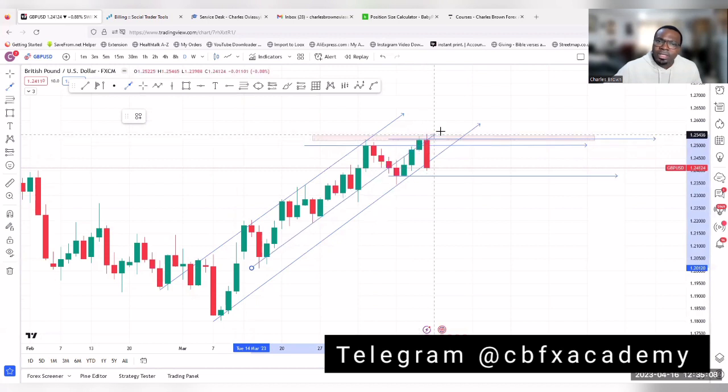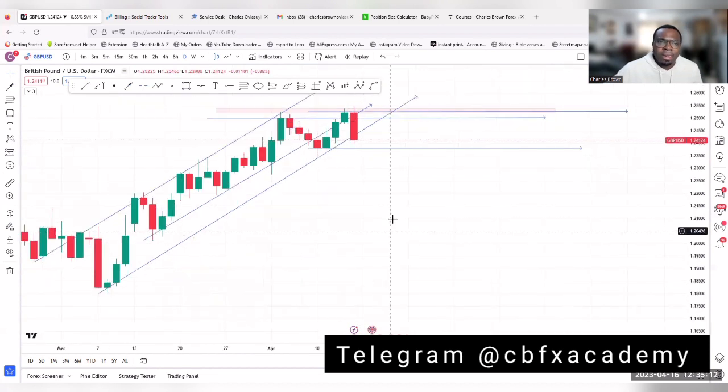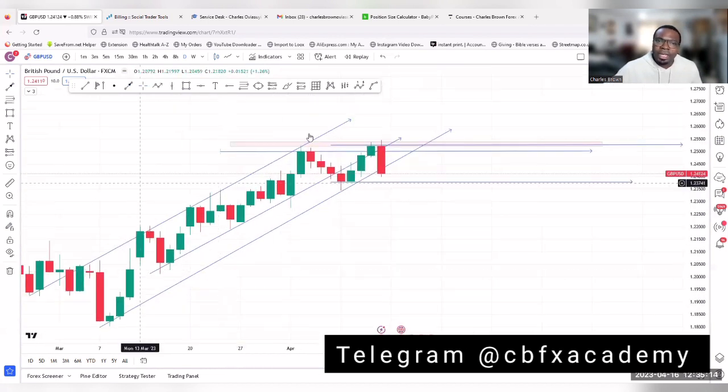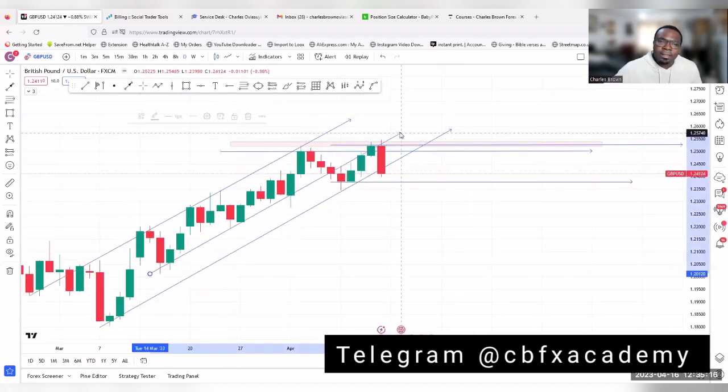We see another beautiful trend line that the market respected over and over again, and we see that the market eventually broke. Let's just put it there like that so that we can have a proper view of it.